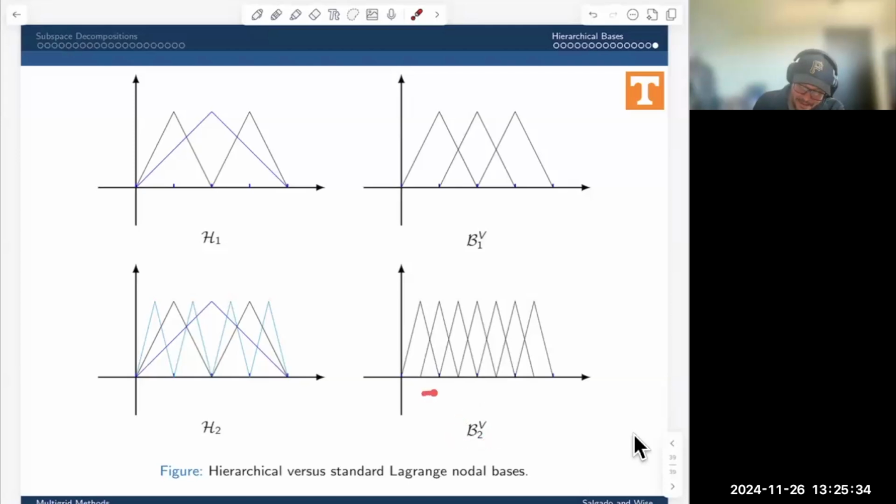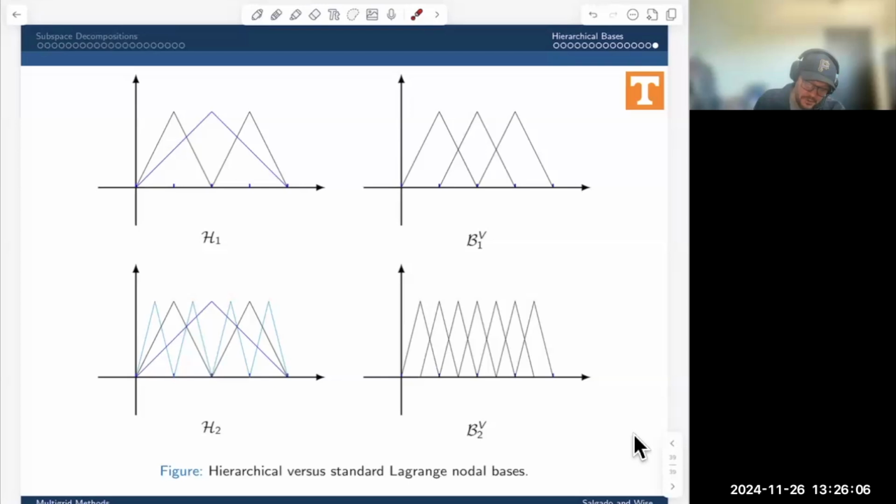This would be the standard one. This was the one that you've seen before, these 2 over here, and this is the brand new one. And I've color coded this so that you can see the different levels coming into play. So dark blue, it's maybe a little hard to see on the screen here, but this is dark blue. When you're following along in your slides at home, you can see that this is dark blue. The next level is going to be black, and then the finest level is going to be cyan.